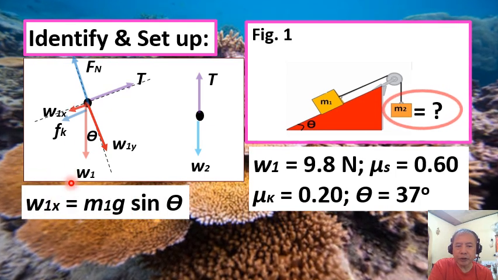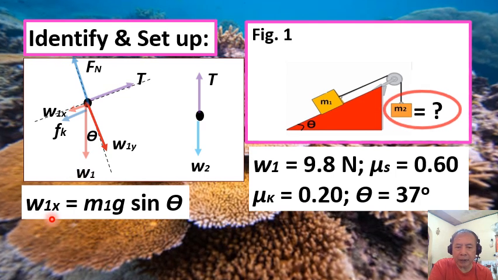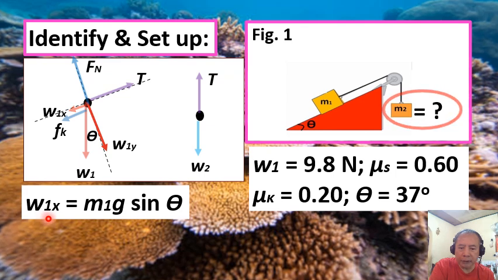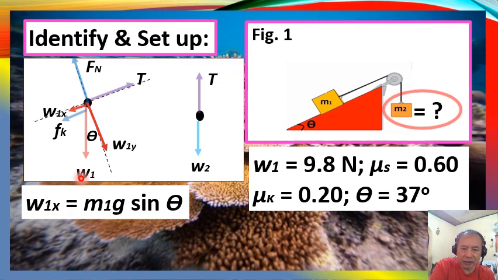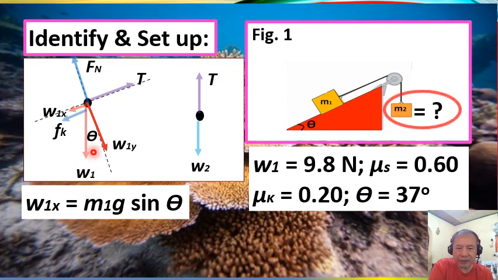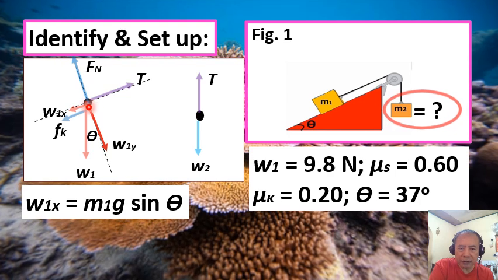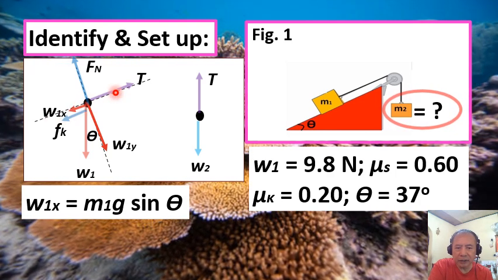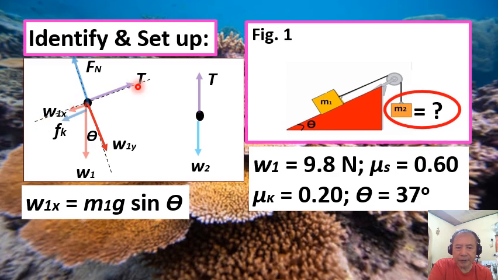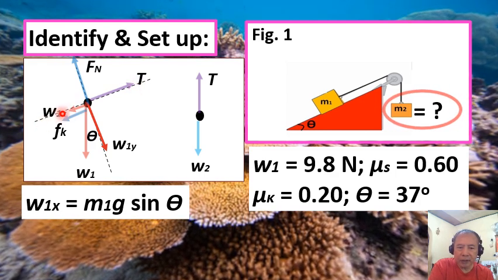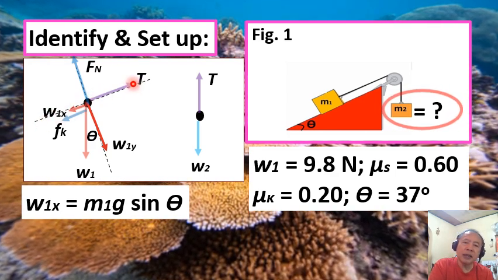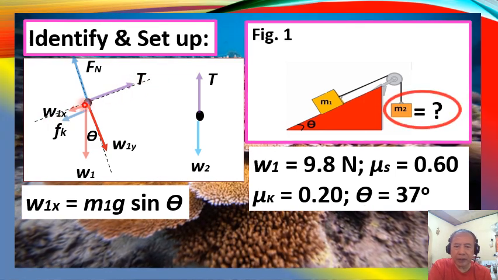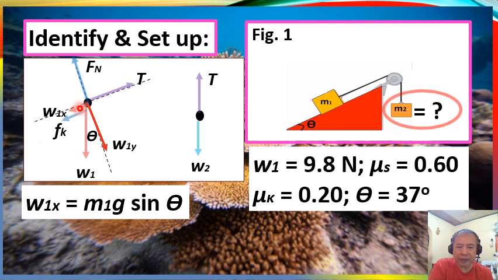For the x component, which we label here as W1x, it is directed down the incline. The coordinate that is parallel to the surface of the incline is the x-axis.